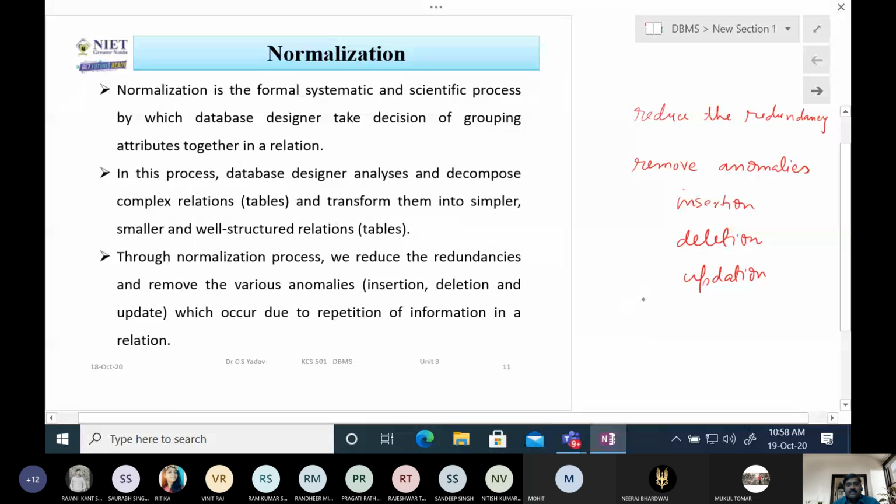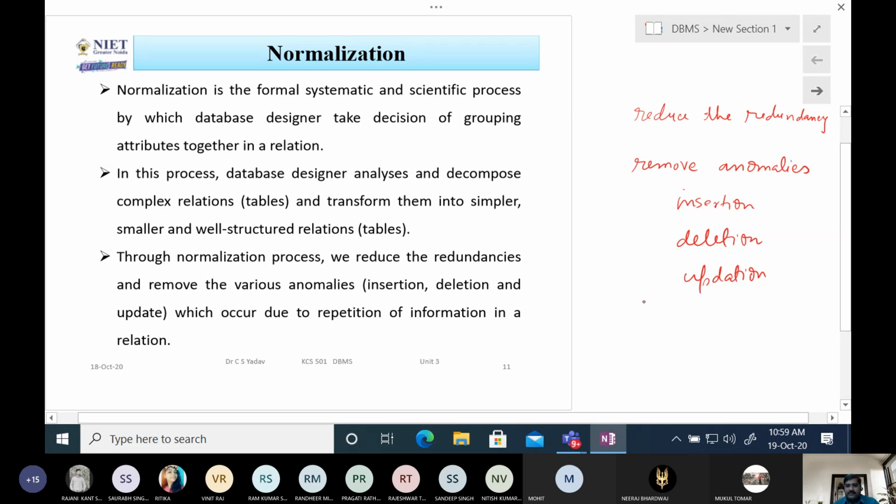Now, normalization theory is built around various normal forms. So normal form means a relation is in a particular normal form if the relation satisfies certain constraints. And there are various constraints for different normal forms: first normal form, second normal form, then third normal form, BCNF, and after that higher normal forms, fourth normal form, fifth normal form, and then again sixth normal form, and still research is going on to develop higher normal forms.